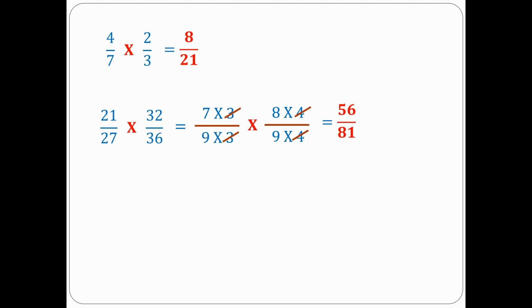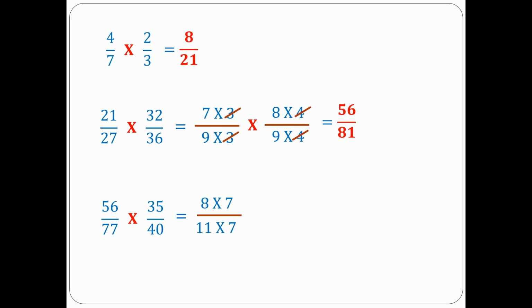Let's try another one. Let's say we have 56 over 77 times 35 over 40. Now 56 is 8 times 7, and 77 is 11 times 7.